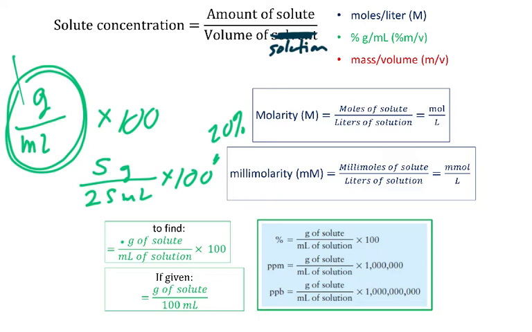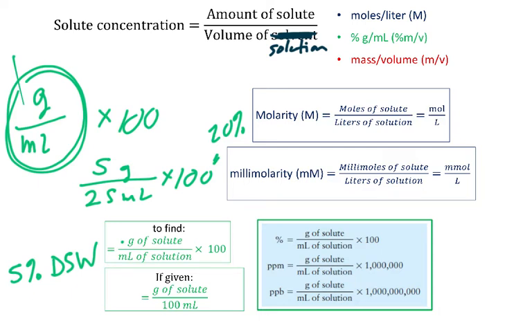What I mean by that, if given, is let's say you're told you have a 5% dextrose solution. So 5%, D5W. D5W means dextrose 5% in water. All right, so it's 5% dextrose.